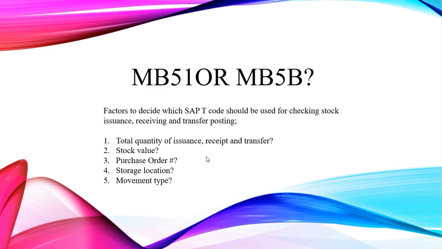But in MB51, you will get individually quantity issued, quantity received unless you give any movement type. And further, you have to press the sum button to know the total quantity issued or received or transferred. So MB5B will automatically give you the total quantity of any item or any material. But in MB51, you have to use the sum button to know the total quantity.